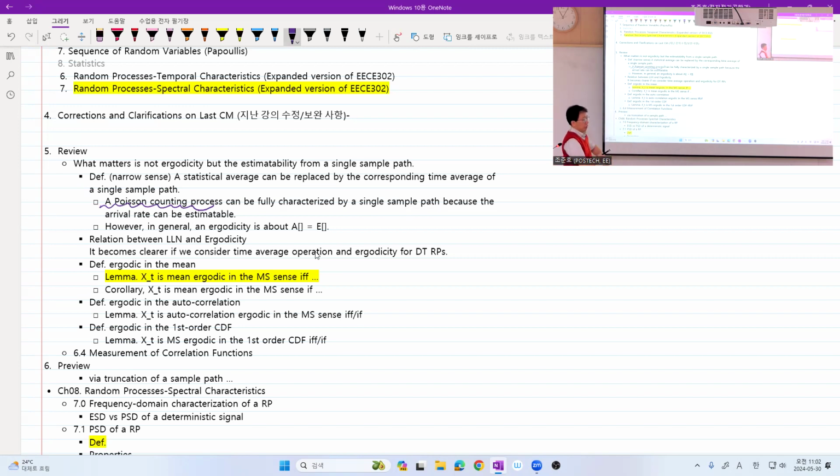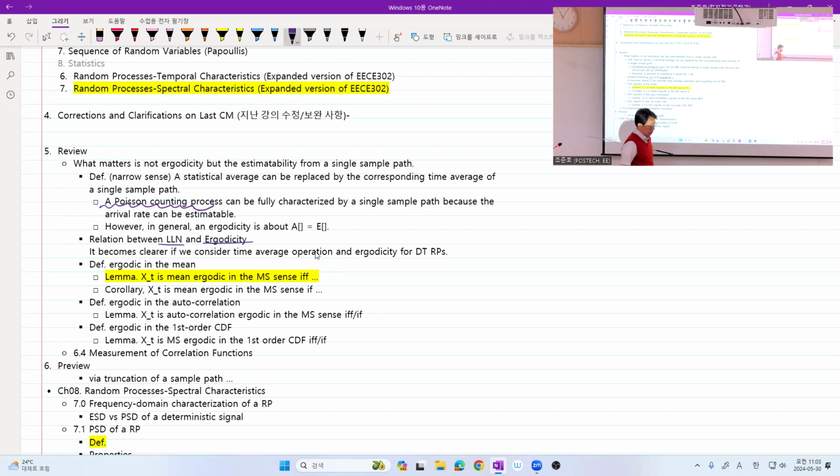However, in general, people just say that ergodicity is about the capability, under certain conditions, that the statistical average can be replaced by the time average. And in that sense, as I emphasized today and in the last class meeting, ergodicity is very similar to the law of large numbers, especially if you think about a discrete-time random process whose terms are IID random variables.